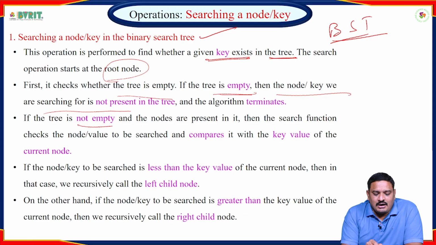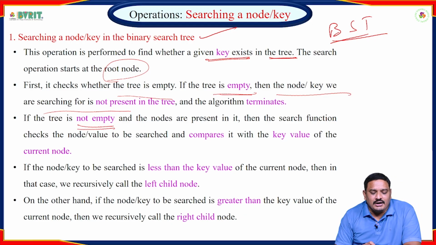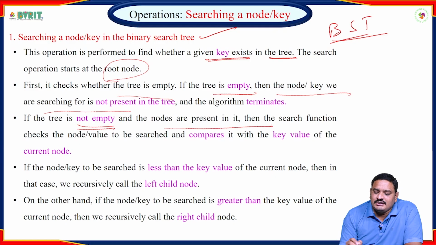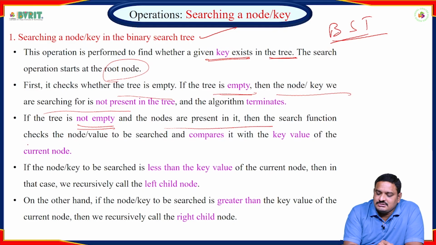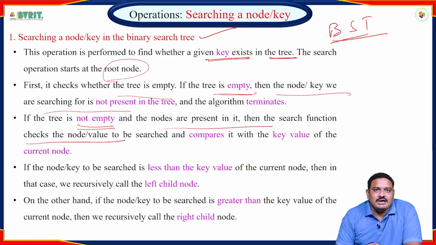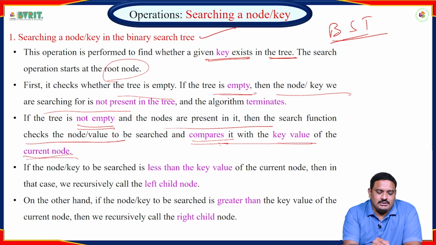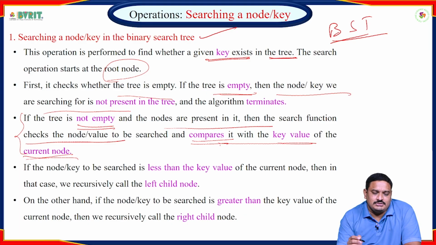If the tree is not empty, the nodes are present in it, and the search function checks the key value to be searched by comparing it with the key value of the current node. This point will be understood in the upcoming example.